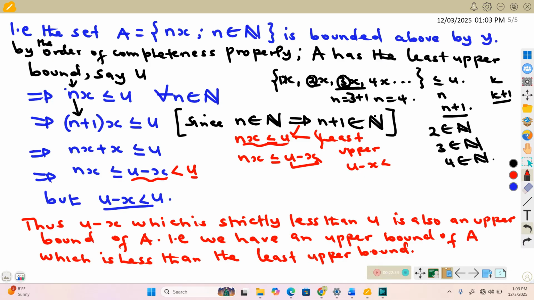So when that happens, this is not true, because you cannot have an upper bound which is less than the least upper bound. That is not possible.